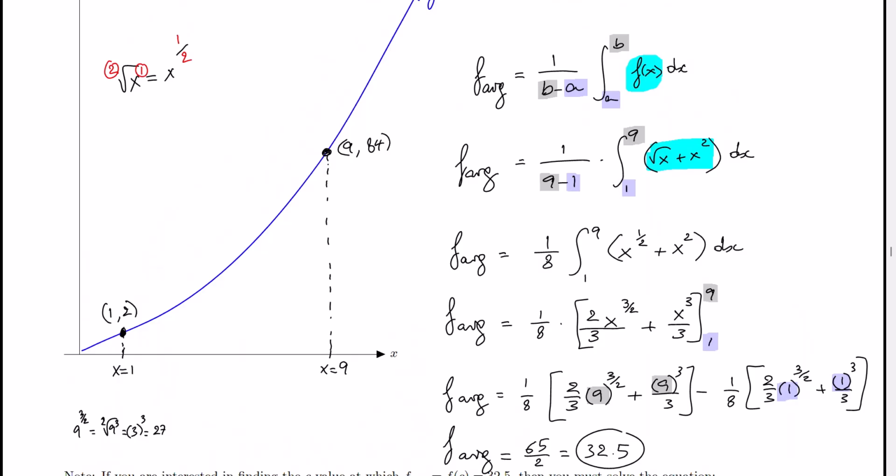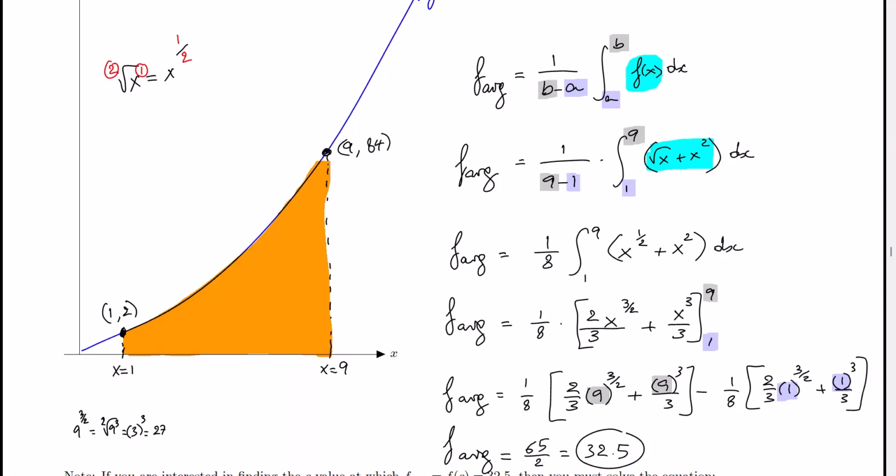So first of all, this area that I'm working with is kind of a funky looking area. It's got 3 sides that are basically horizontal or vertical, right? There's the bottom, it's horizontal. There's the sides 1 and 9, they are vertical lines.